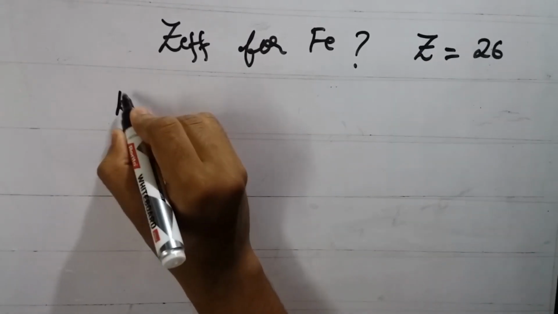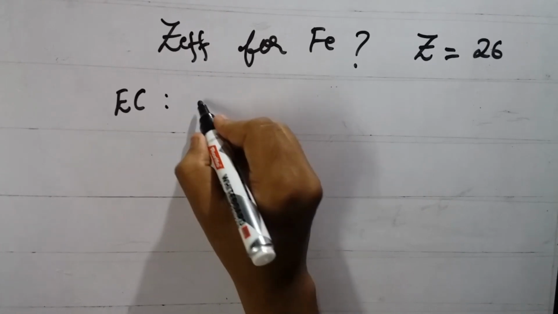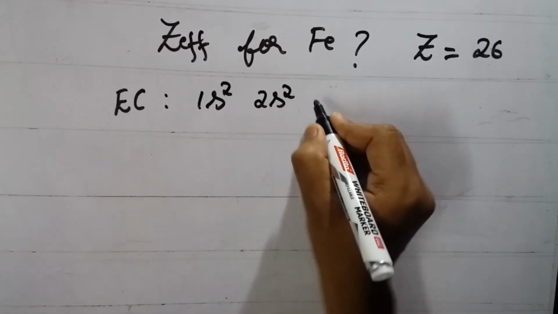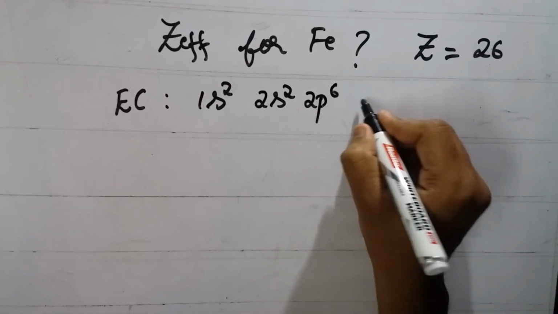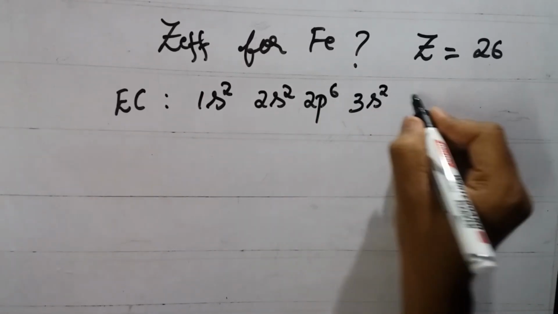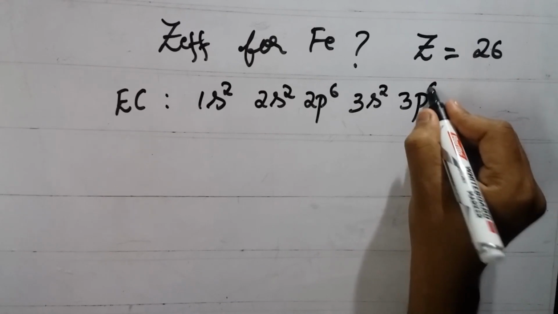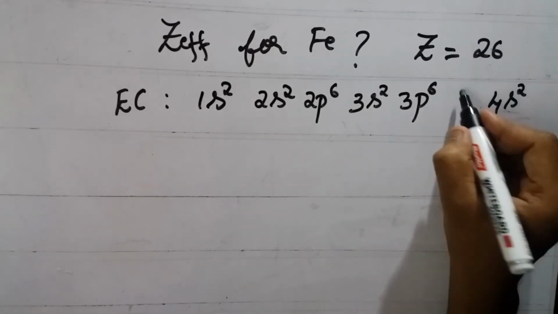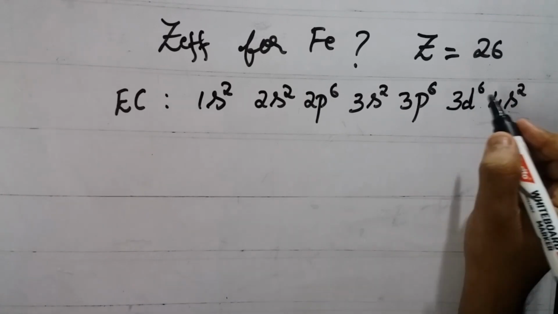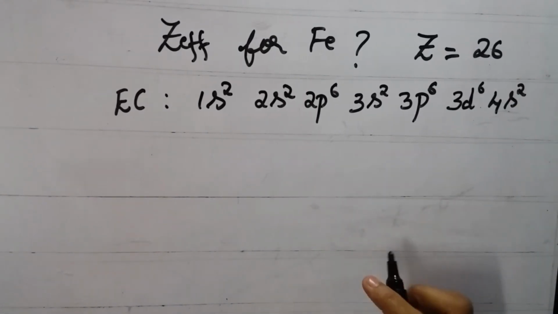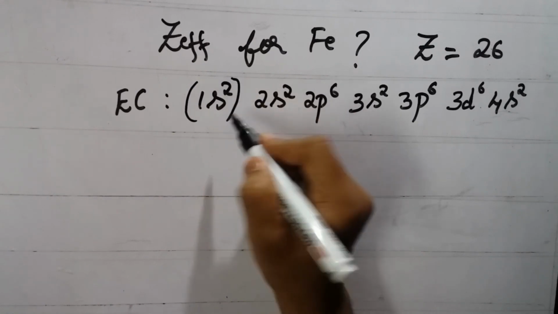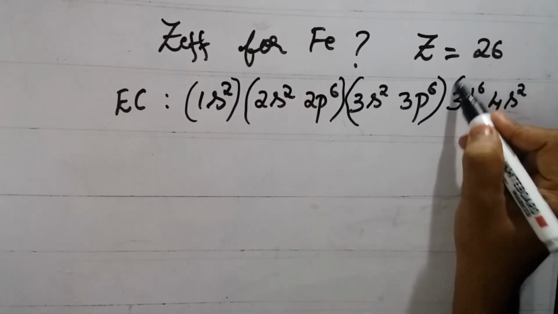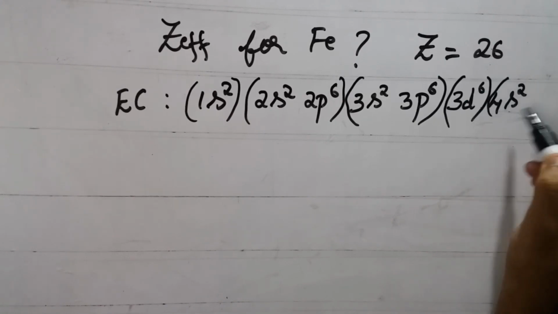The electronic configuration of iron is 1s2, 2s2, 2p6, 3s2, 3p6, then comes 4s2 and 3d6. The first thing we have to do is group the orbitals, that is 1s separated, 2s 2p, 3s 3p separated, 3d6 and 4s2.